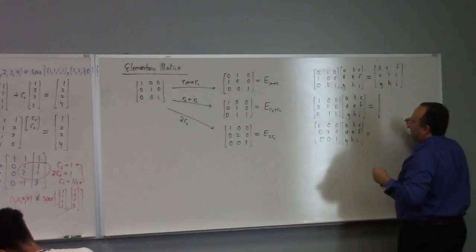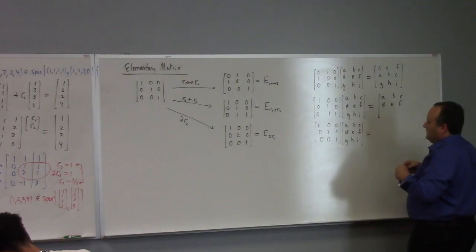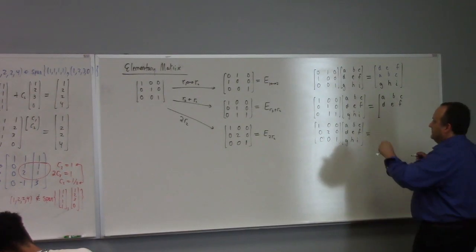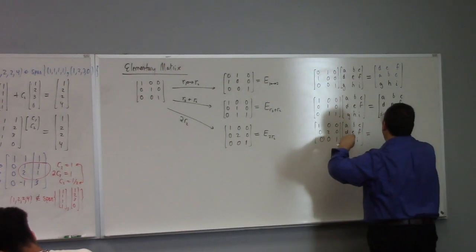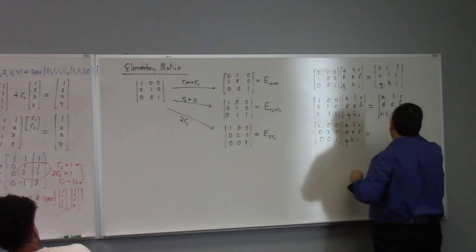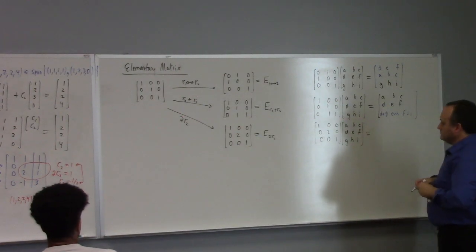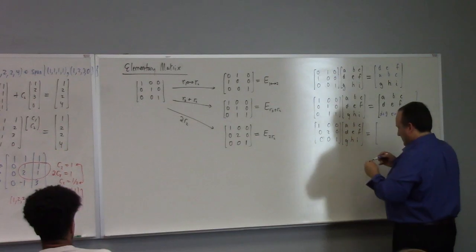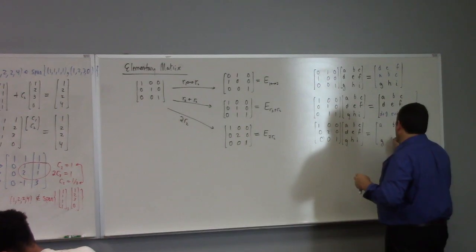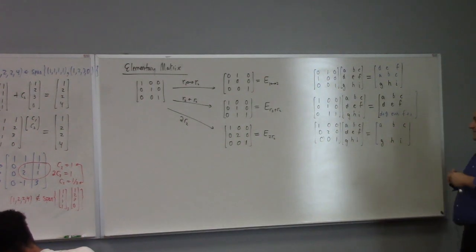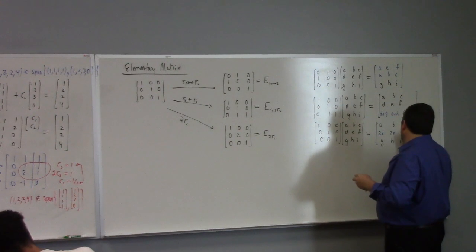For this one, the first 2 rows are unphased, but when you calculate the third row, you get D plus G, E plus H, and F plus I. And for the third one, the first row and the last row are unchanged, but the middle row gets multiplied by 2. So you get 2D, 2E, 2F.